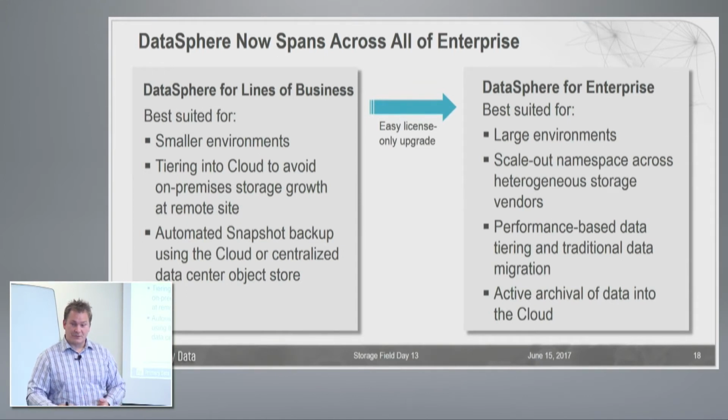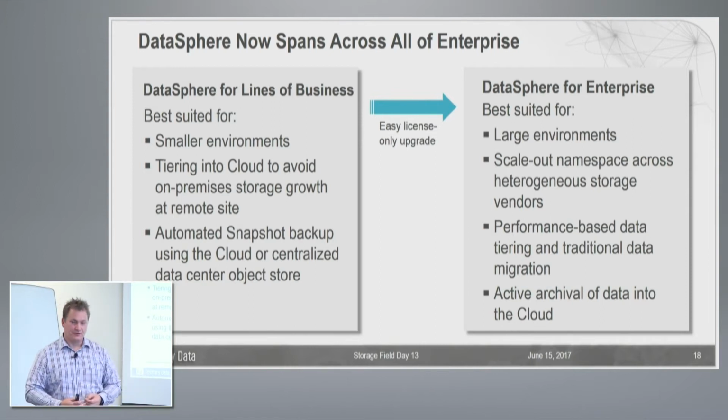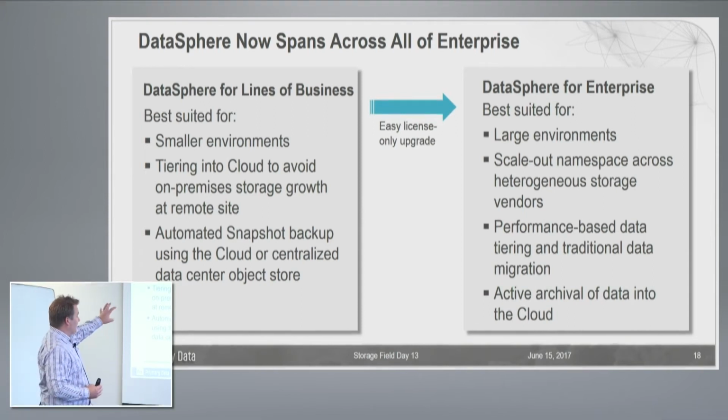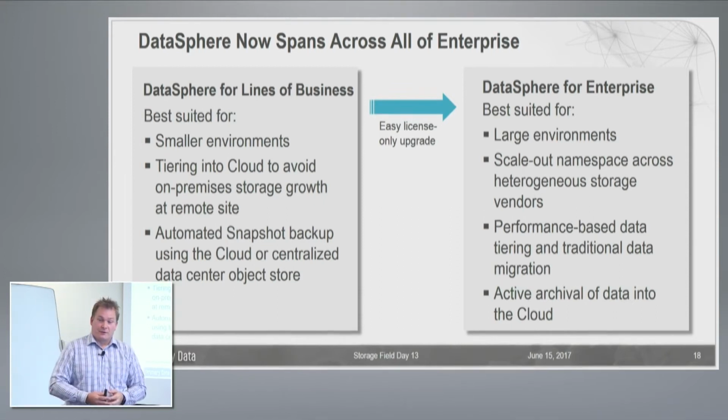But you want to simplify management. You don't want to have to deal with necessarily snapshot backup. So if you have a centralized object store, for example, we can take snapshots and move the actual snapshot data back into the object store. And we'll talk about that quite a bit today because that's also new functionality in our product. So that allows you to have a remote site where you don't buy more storage for it. That's the way we looked at it. That's the feedback we got from the customers. Like, hey, I want to have a site.